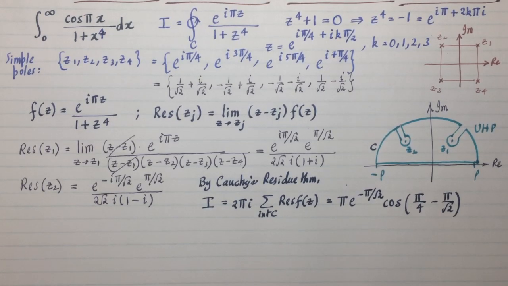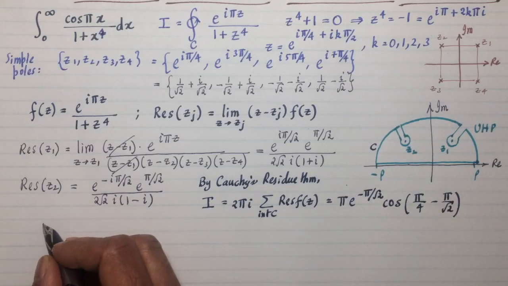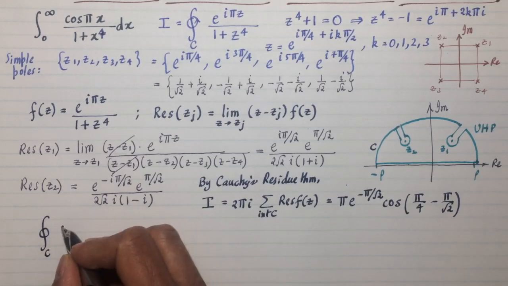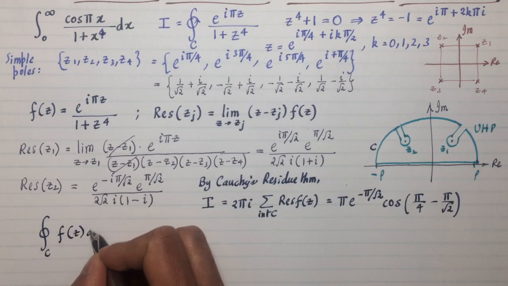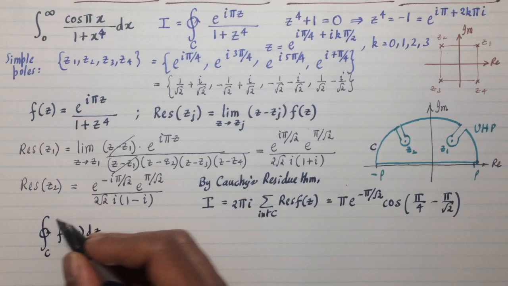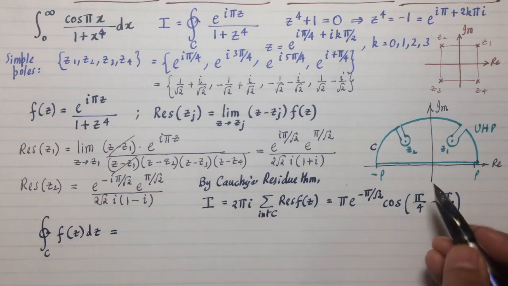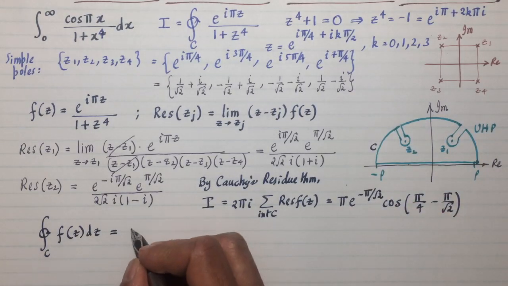Now, you may think that we have actually finished the problem, but this is just the start of it. The full integral of f of z dz counterclockwise can be broken up into two integrals.